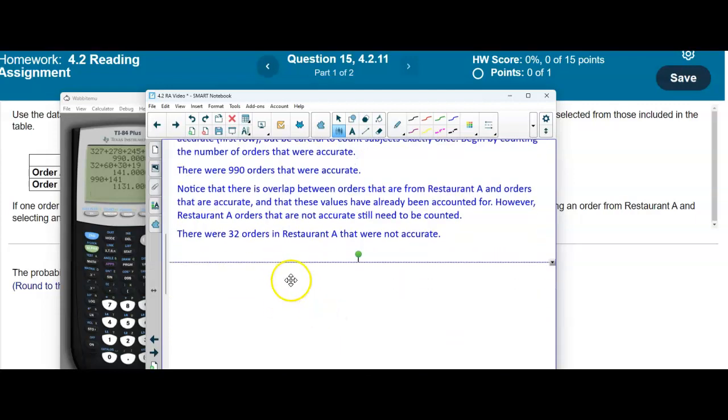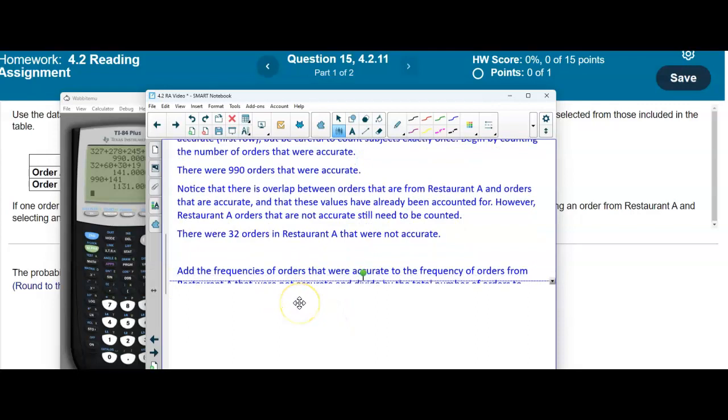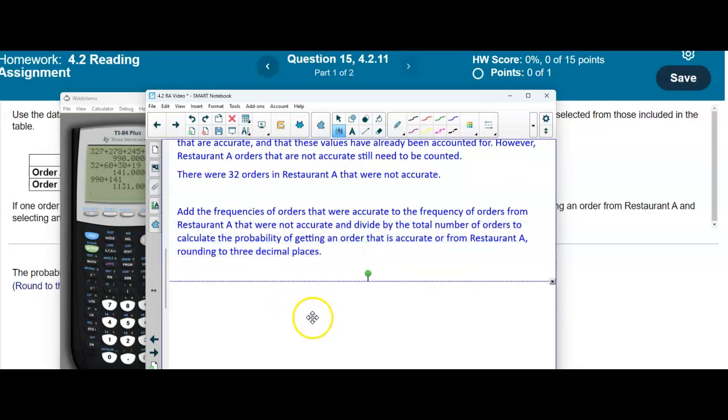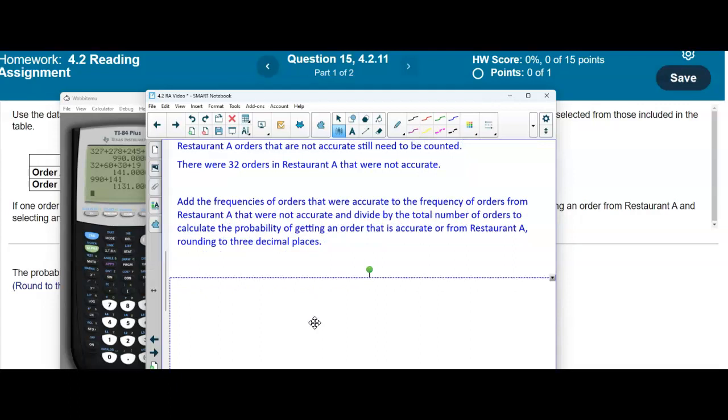Again, there were 32 orders in restaurant A that were not accurate. So we add the frequencies of orders that were accurate to the frequencies of orders from restaurant A that were not accurate, and then divide by the total number of orders to calculate the probability of getting an order that is accurate or from restaurant A, and then round to 3 decimal places.